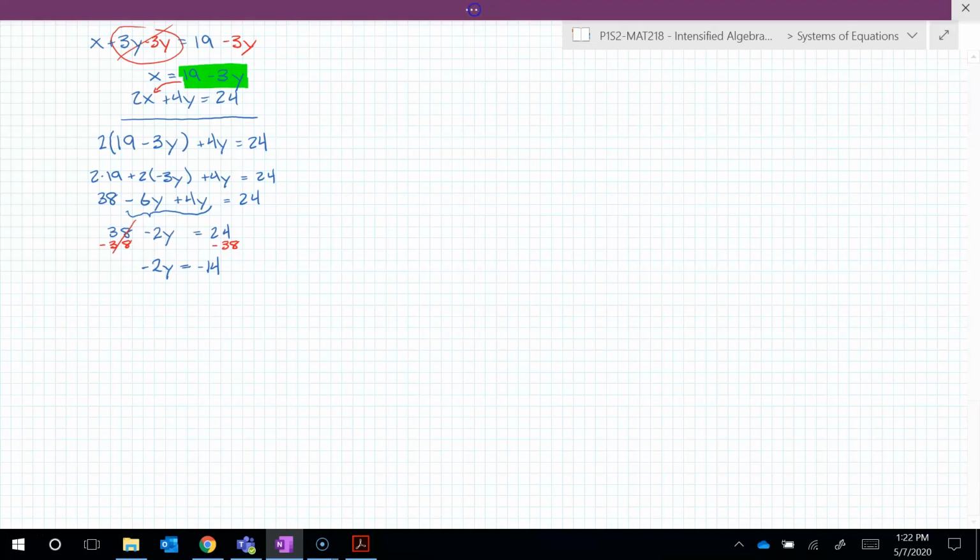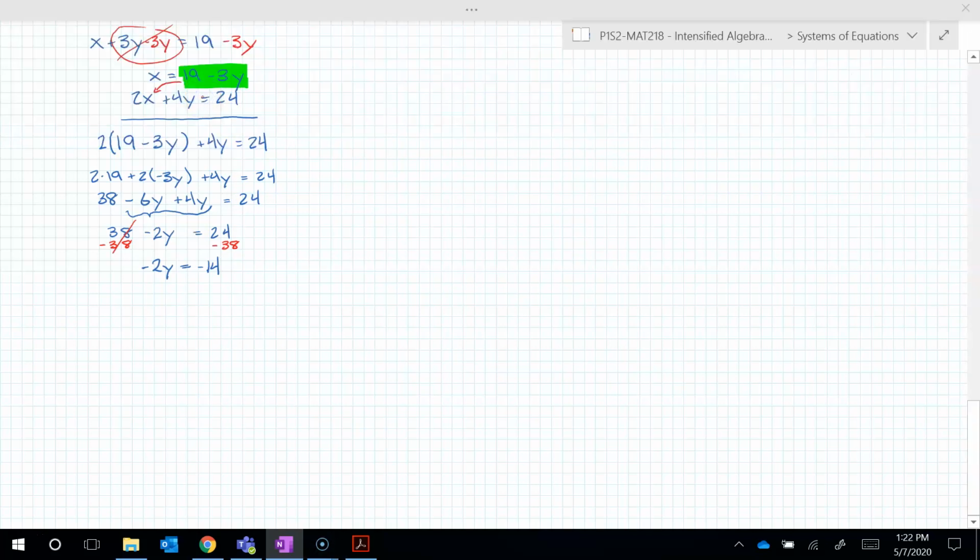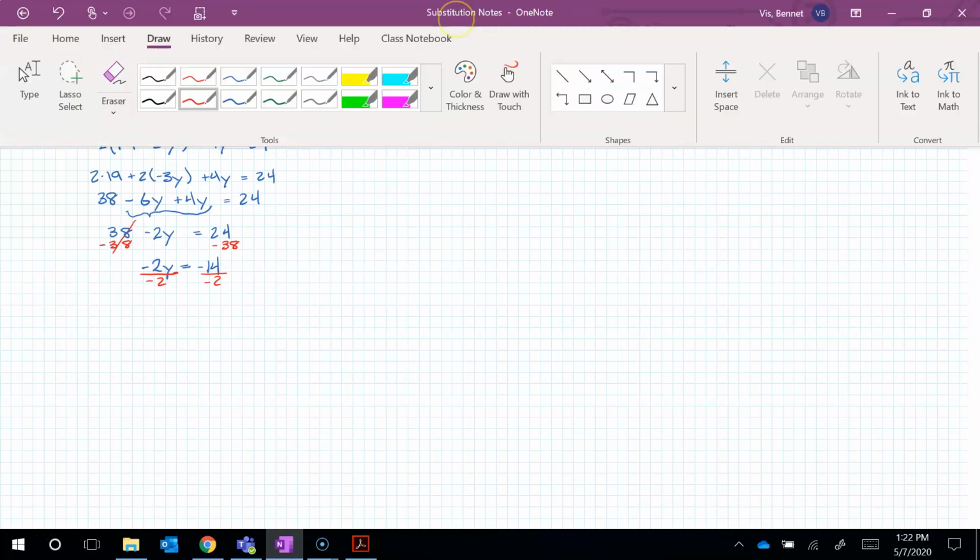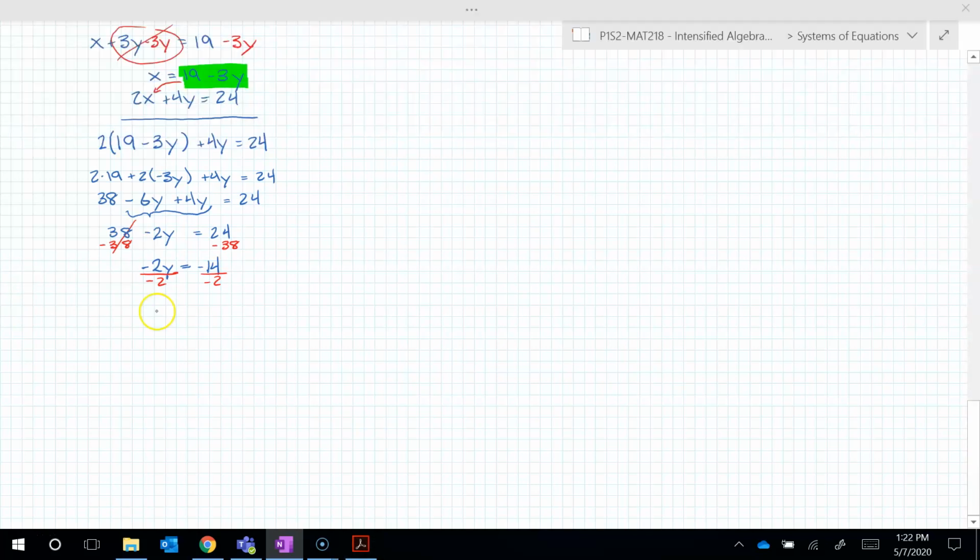And the last step is divide both sides by negative 2. Again, remember, when you get rid of this, that negative doesn't go away too. That has to come along. And so I have to divide by negative 2 here to get my final answer. Y is negative 14 divided by negative 2. The double negative is going to make a positive 7.